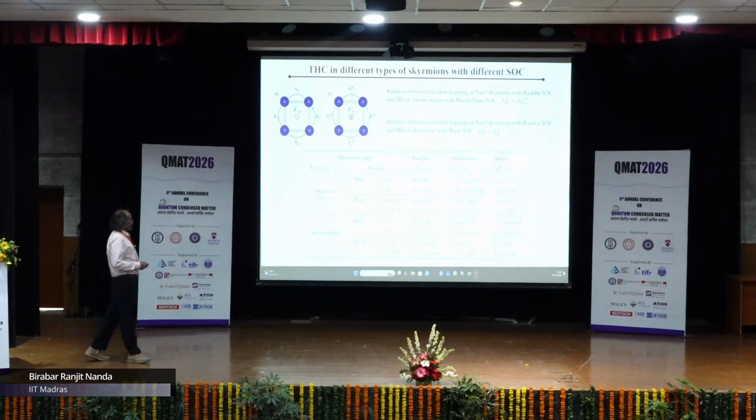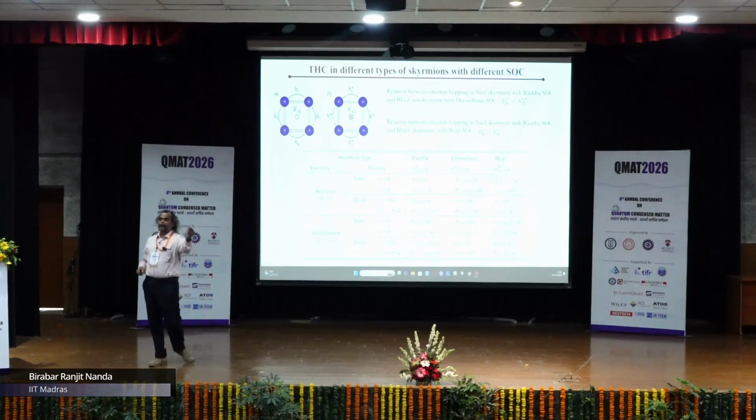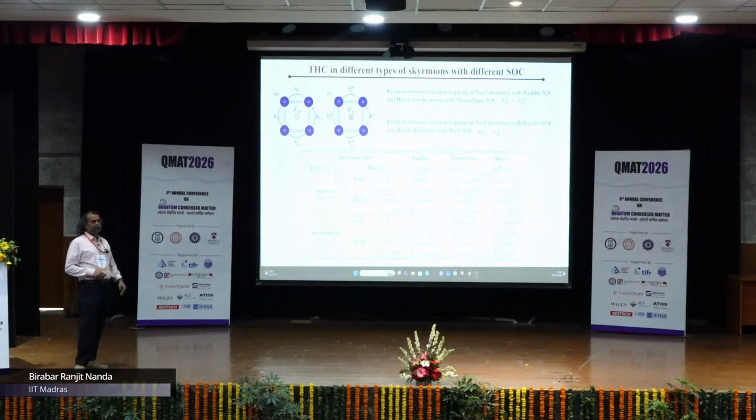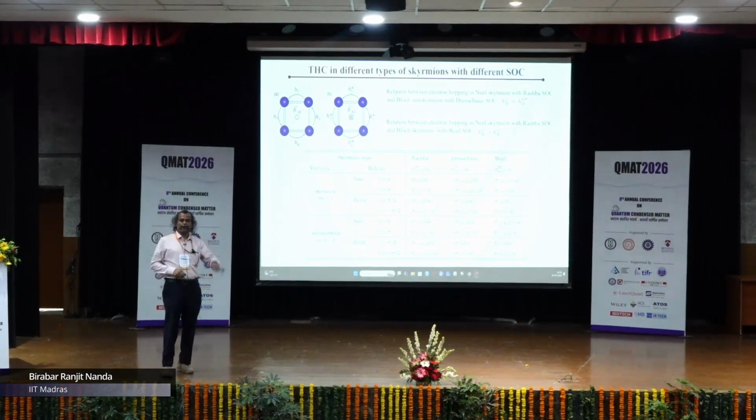Now, I don't want to present the result for all possible spin textures, but we found that we can connect all kinds of Skyrmion types and all kinds of applied field, be it Rashba, Dresselhaus or Weyl, and all of them will be mapped with each other in some way, and whatever results I have presented so far have the universal phenomena.